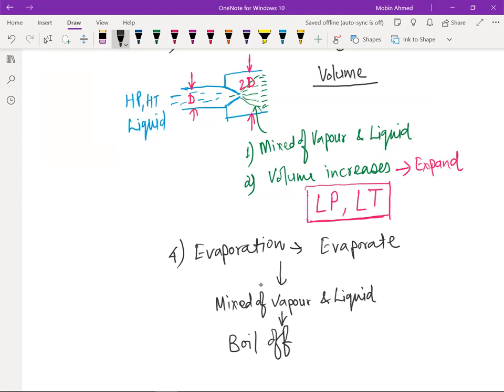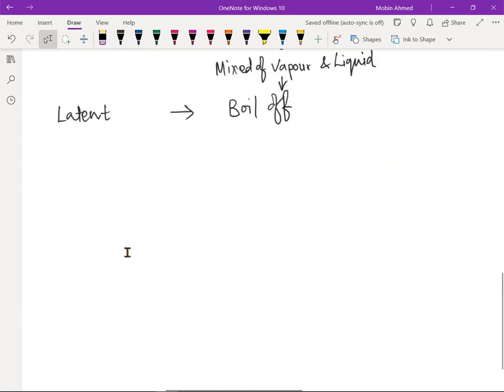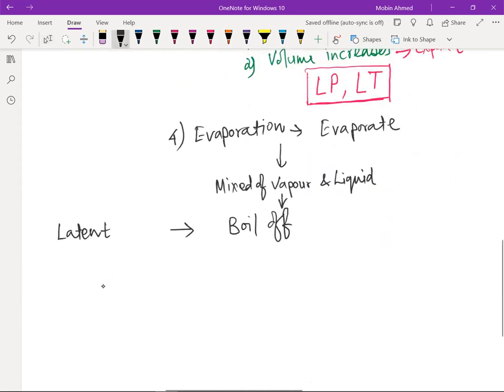Why is it going to boil off? Because it is going to take the latent heat. Now again the latent heat has come, latent heat. So it is going to take the latent heat, okay?